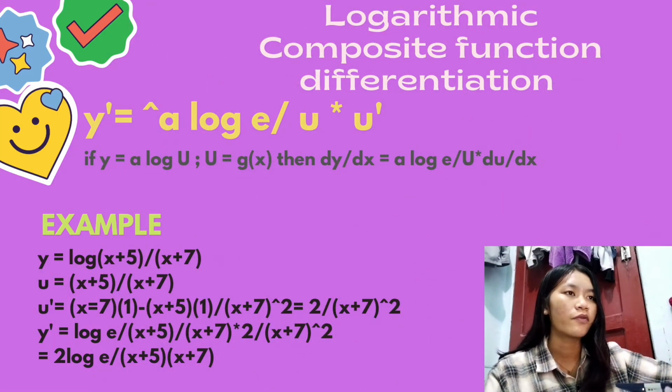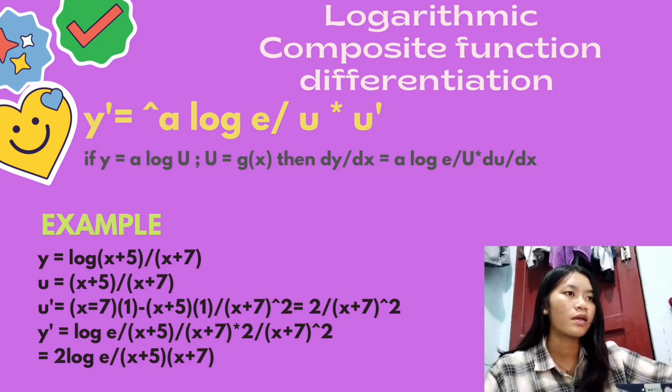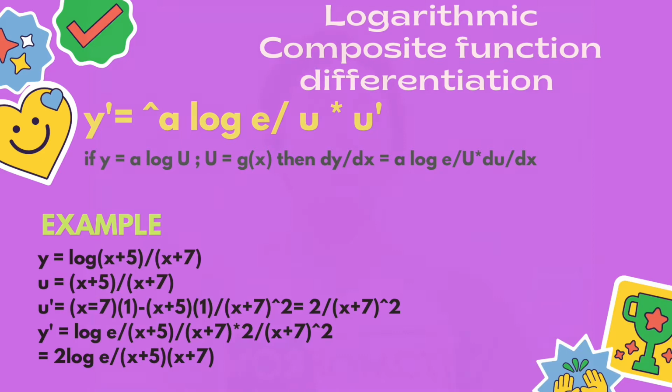Number 10. Differentiation of logarithmic composite function. Y equals a log u, where u equals g(x), then dy per dx equals a log e per u times du per dx.